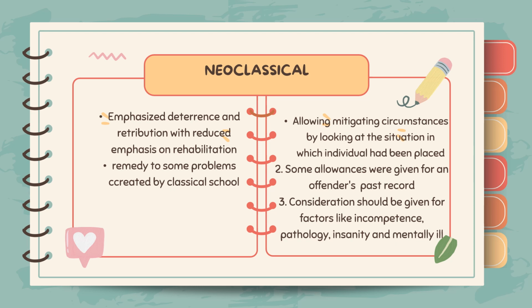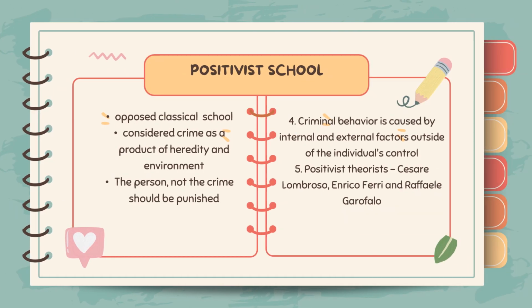In neoclassical, it actually allows mitigating circumstances by looking at the situation in which the individual had been placed. Also, it provides some allowances to offenders' past record, and it provides consideration for factors such as incompetence, pathology, insanity, and mental illness.